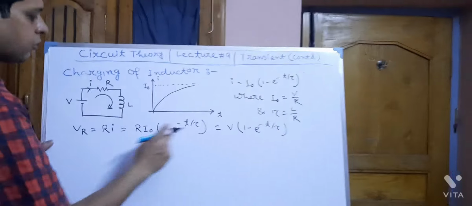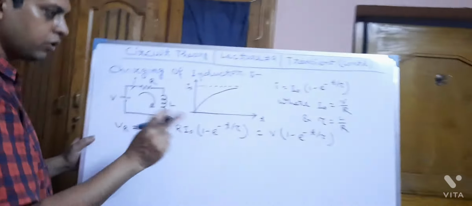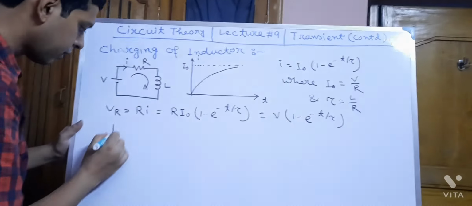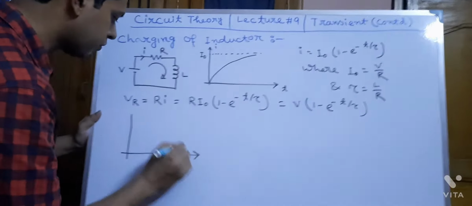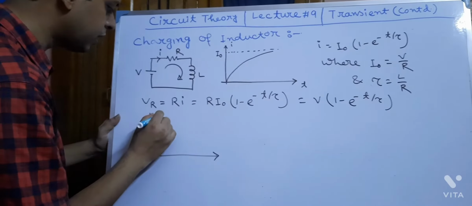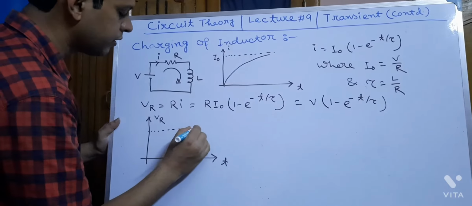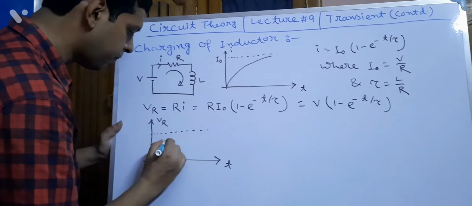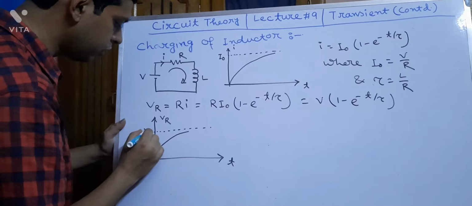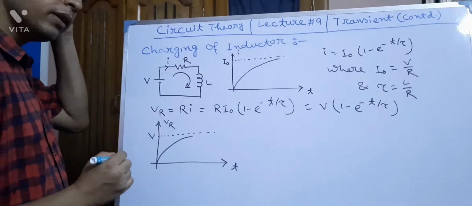So the nature of i and VR will be the same. So if we plot VR against t, we will get the same nature of waveform, and the final value is equal to V.